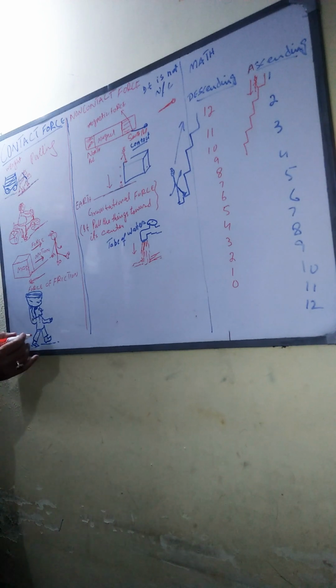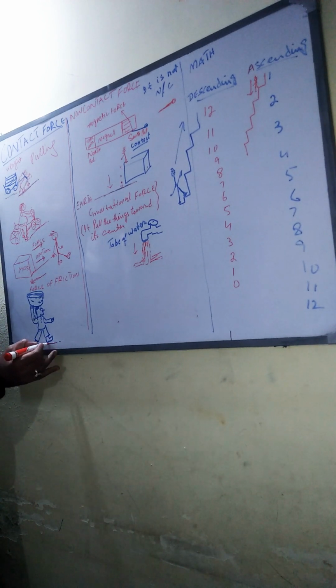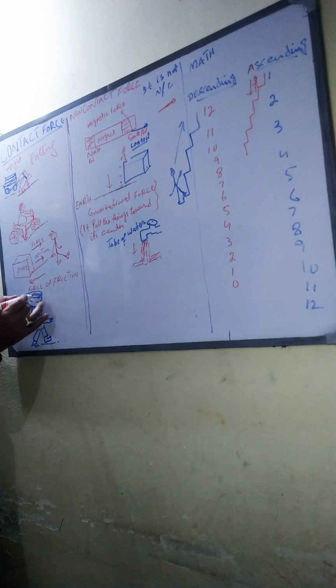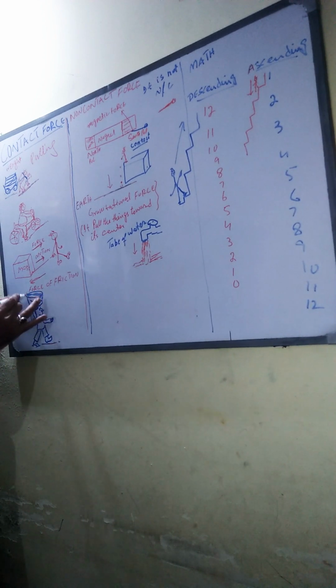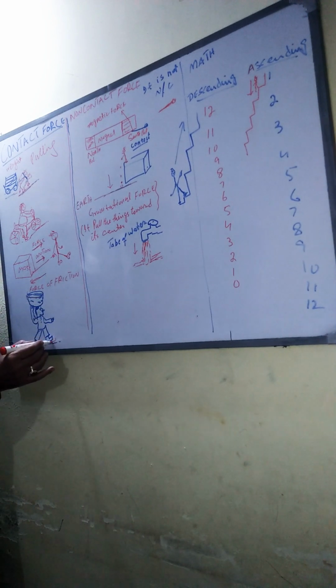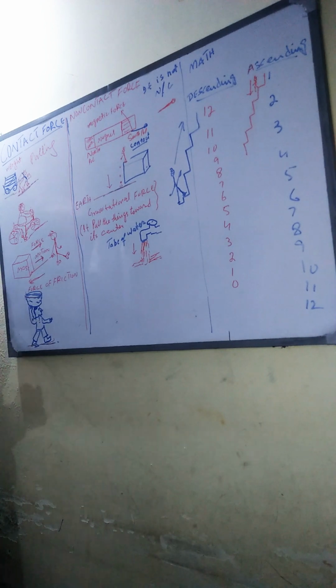Then there is another person. This is also an example of contact force. He is carrying a weight on his head, and he is walking on the ground. So this is also an example of contact force.